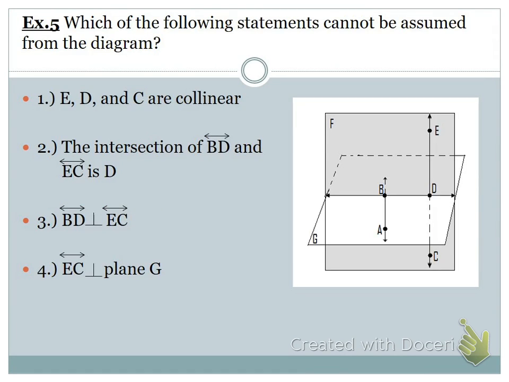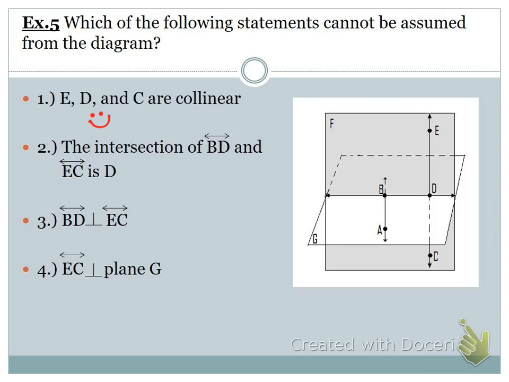Example 5. Which of the following statements cannot be assumed from the diagram? First statement, E, D, and C are collinear. Can we assume that? Yes, that's fine. That one's good. Smiley face by it, whatever you want. Little check mark. Okay, the intersection of line BD and line EC is D. Well, let's look at that.